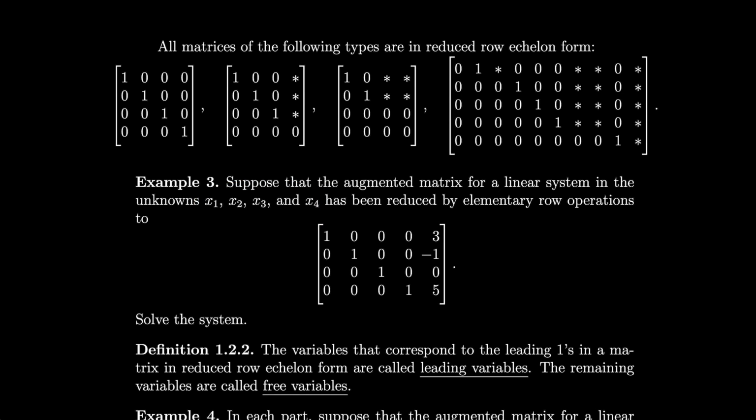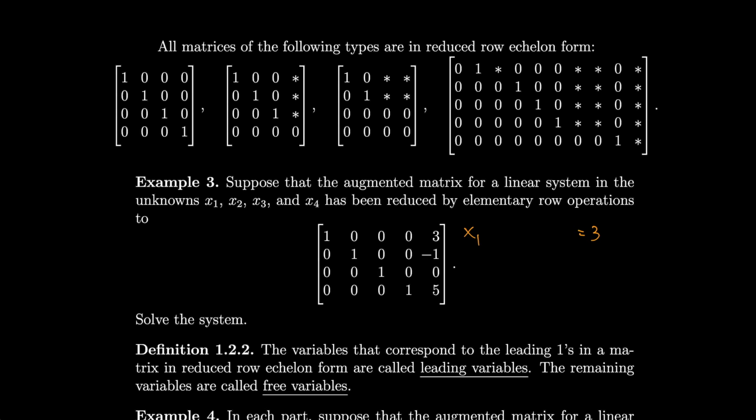Our first column is the x1, second one's the x2, the x3, the x4, and what it equals. So that means that over here we have 1x1 plus 0x2 plus 0x3 plus 0x4 equals 3. So it's the same thing as just saying that x1 is equal to 3.